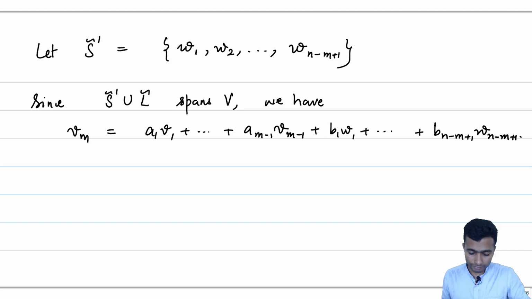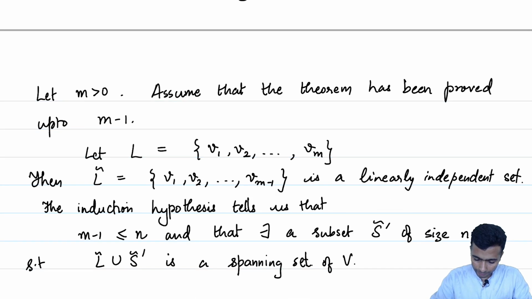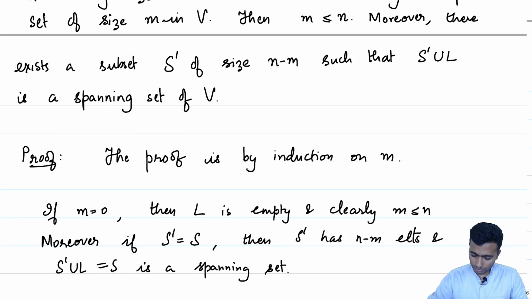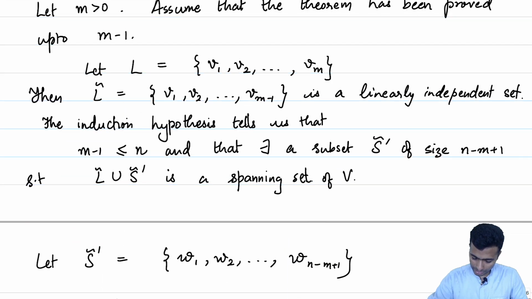Okay, let us now prove that m should be less than or equal to n. We have already noticed that m minus 1 is less than or equal to n.